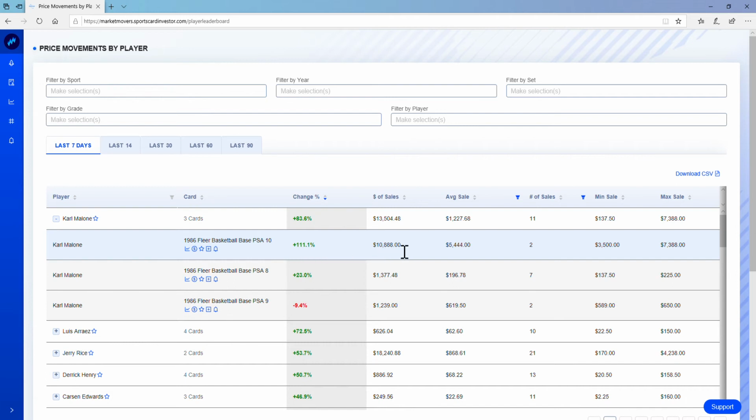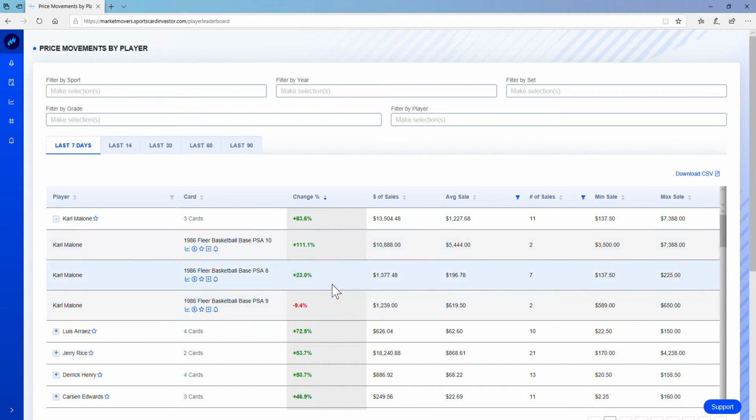It has sold on eBay $10,888 worth. The average sale, 5,444. So that means there were two sales over the last 7 days. That kind of shows you where this card currently is selling. So its last two sales average at 5,444.